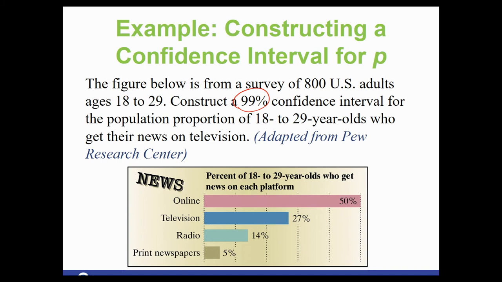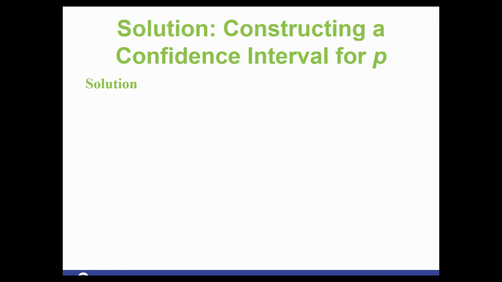If we look in our chart for television, this is our p-hat right here, 27%, and we have our sample size of 800. That's the only 3 things we need to do this problem. I'm going to switch to the next slide so we have a little more space. So again, we had a sample size of 800, confidence of 99, and our p-hat was 0.27.